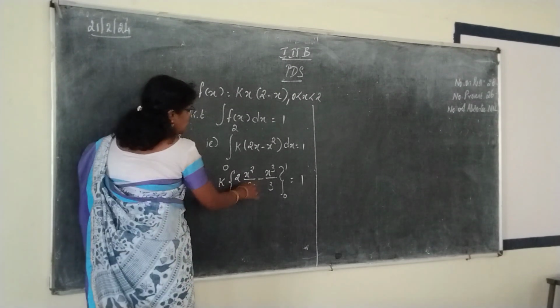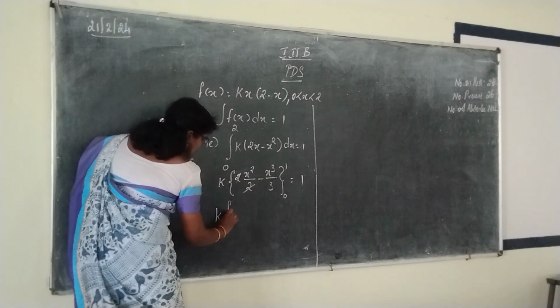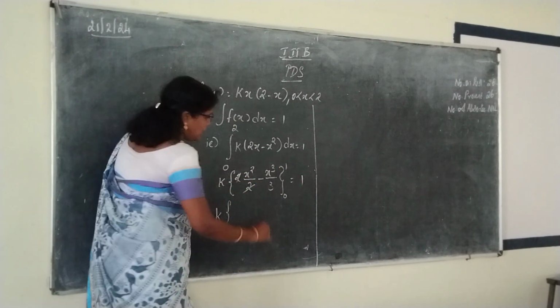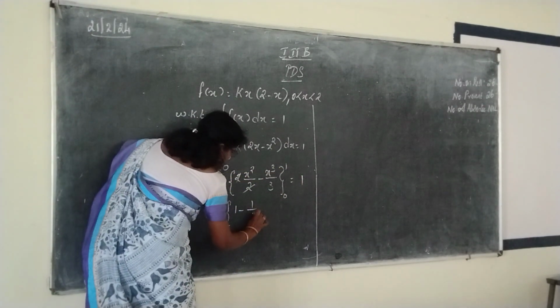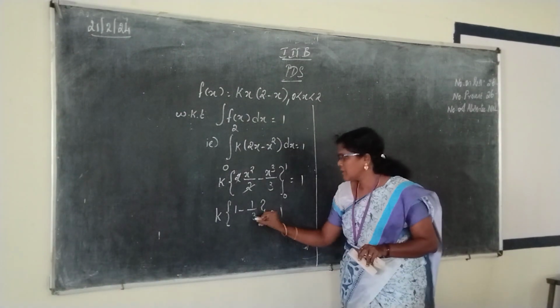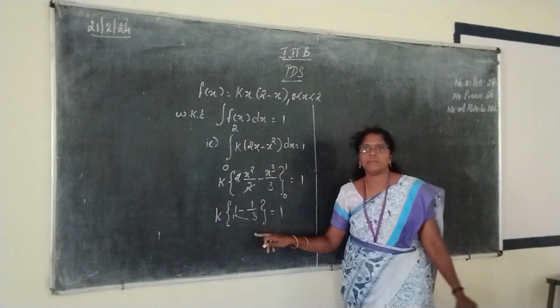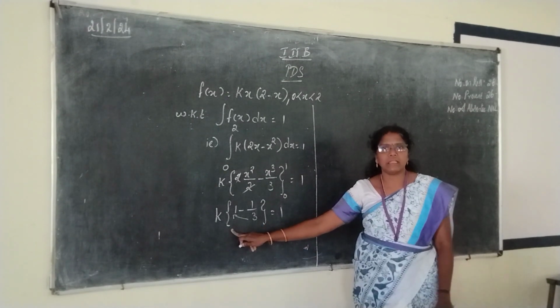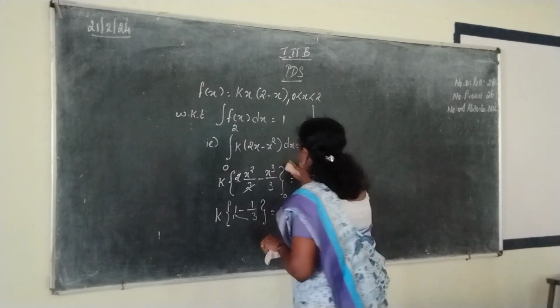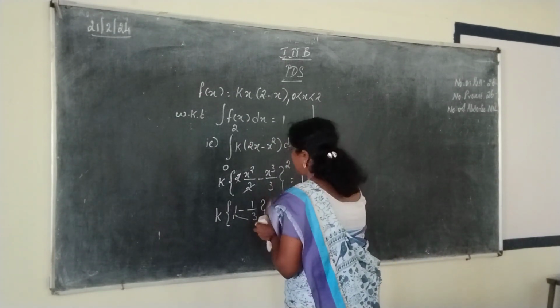In the first case 2 cancels, so we get x square.